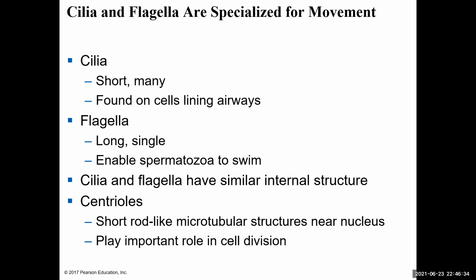The flagella is usually long and single. There can be double or even triple, but those are less common. A flagellum is basically a long tail that allows the cell to move. One of the more common examples of a cell with flagella is a sperm cell, the spermatozoa. It uses that flagella to swim into the fallopian tubes to fertilize the egg during fertilization.